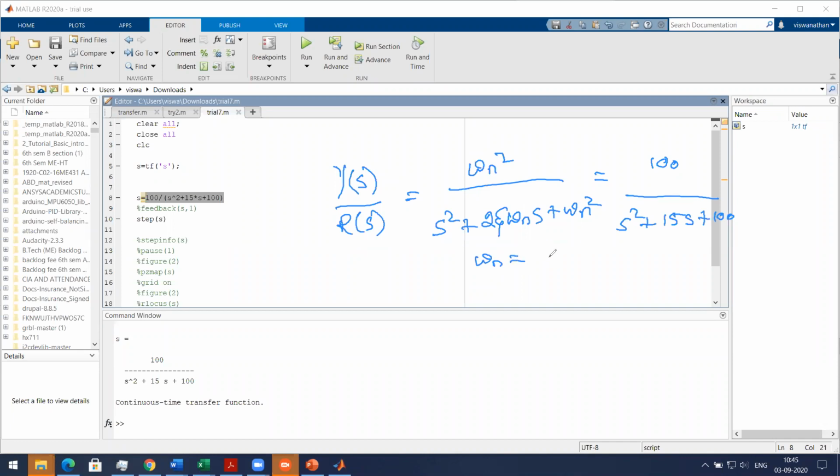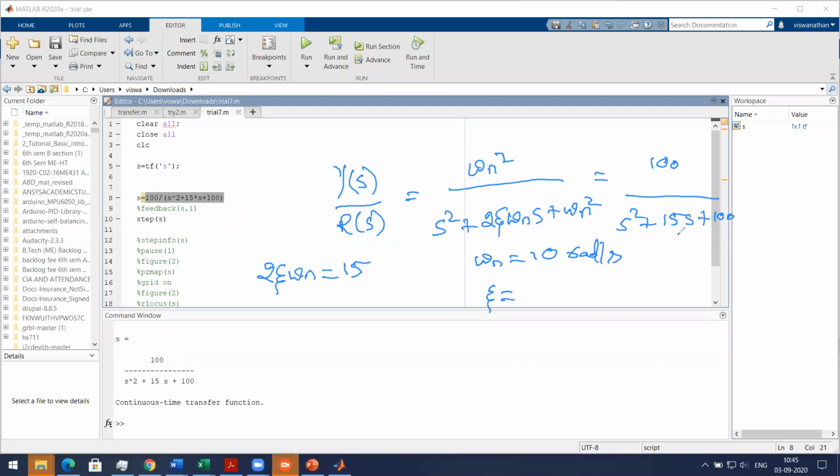Now what will omega n be equal to? 10, sir. Root of 100. Okay, it is 10 radians per second. And then what is zeta? Calculate zeta. So 2 zeta omega n is equal to 15.